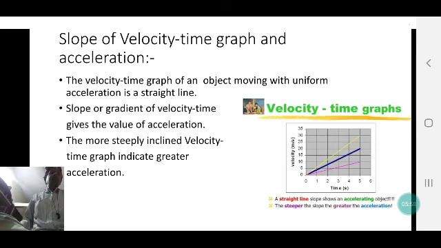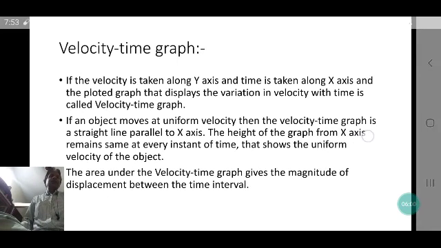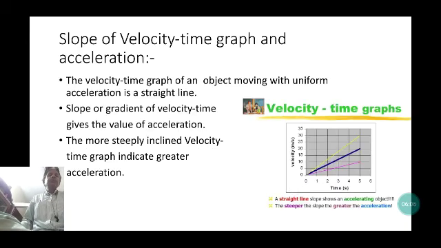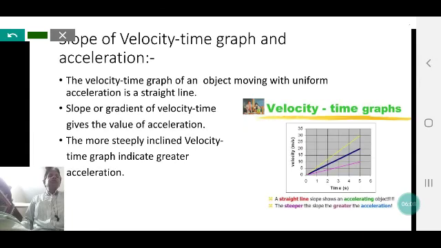If the velocity time graph is a straight line like that, then the object is moving with uniformly accelerated motion. The acceleration of the object is the same everywhere. It is a straight line that indicates the object is moving with uniform acceleration. First point is that.